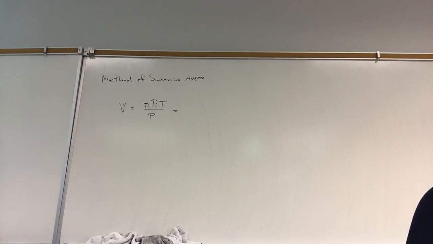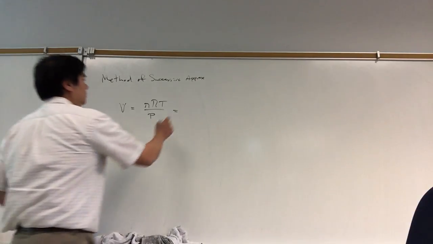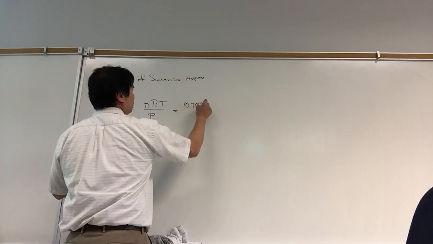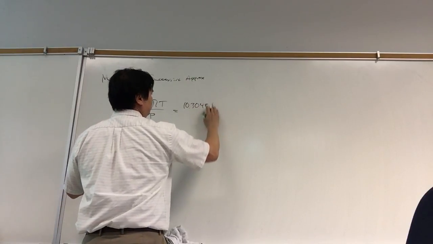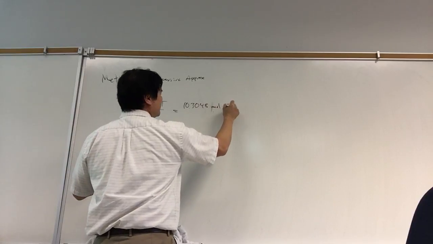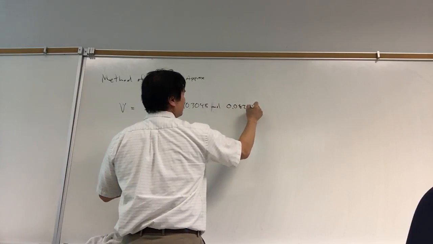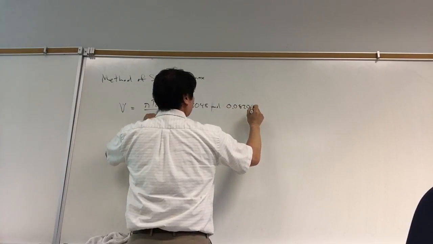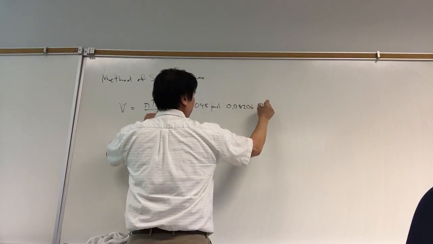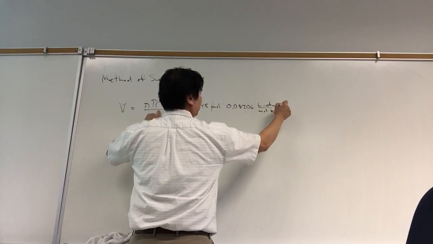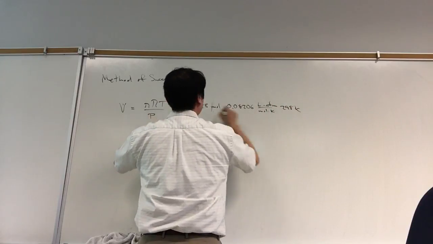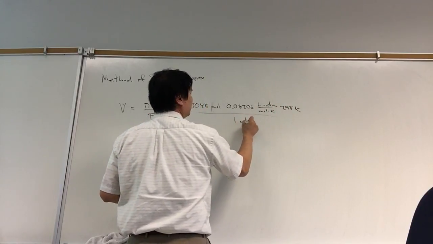Okay, 10.3048 mole. R is 0.08206. Let's just double check this calculation. Liters, atmosphere, mole, Kelvin. T was 290 Kelvin. P was 1 atmosphere, correct?